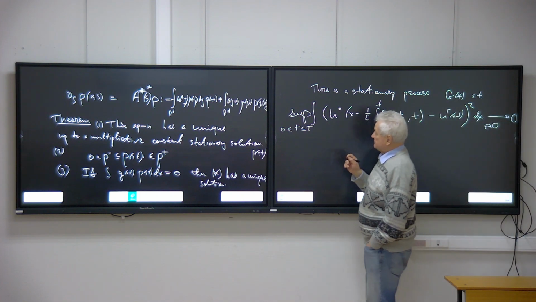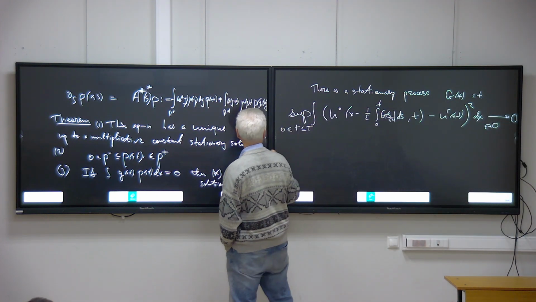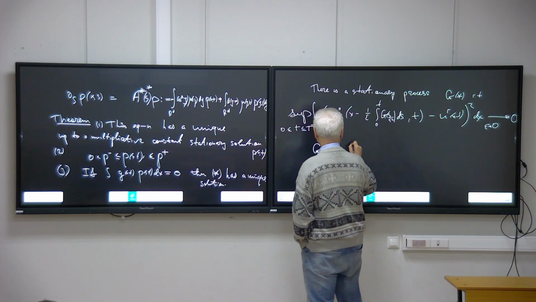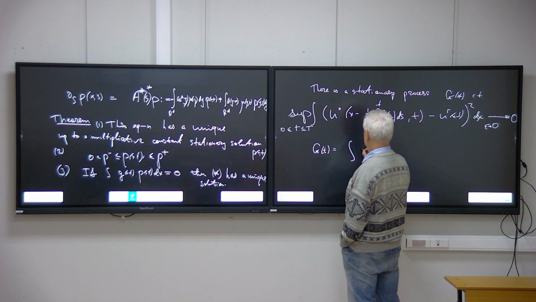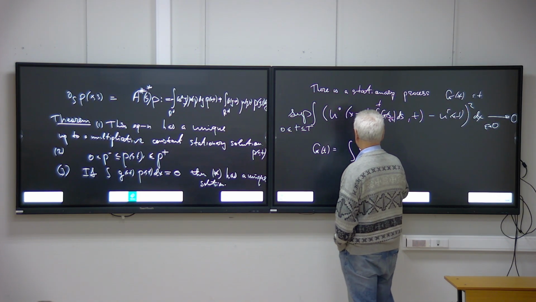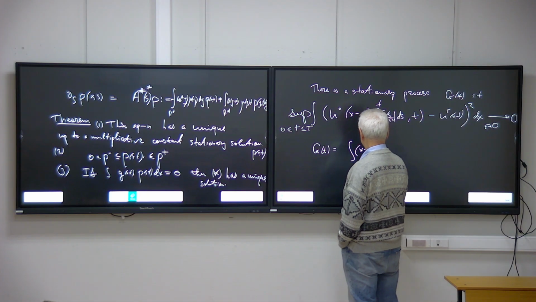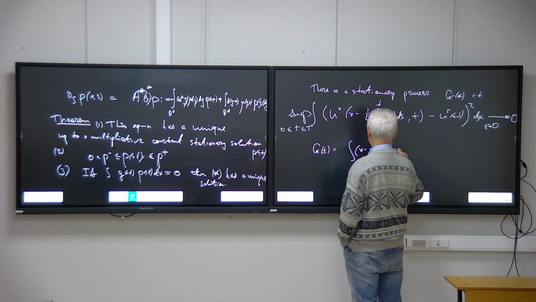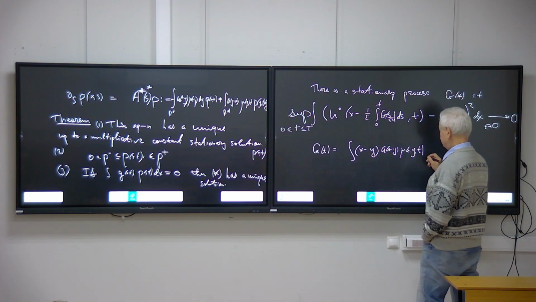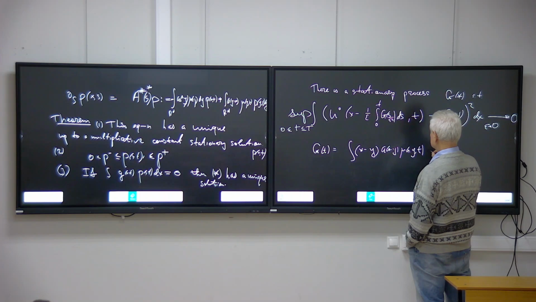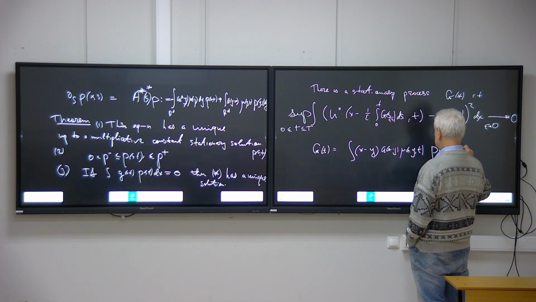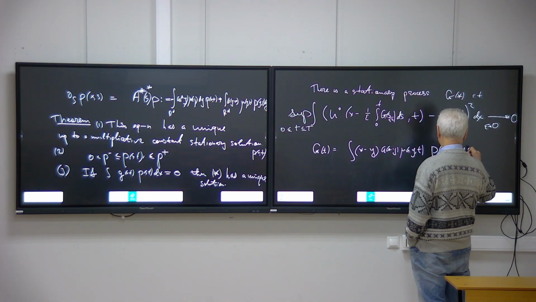This stationary process G is in fact just the integral of G of t is equal to the integral of x minus y, a of x minus y, mu of x, y, t, P of x, t, dy, dx.